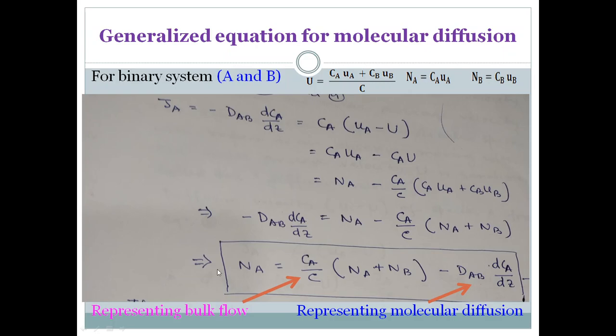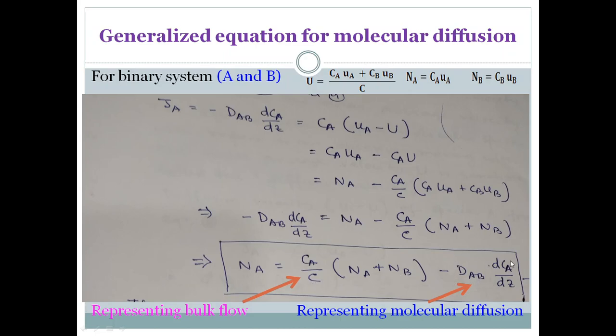That is, the total flux equal to C_A by C times (N_A plus N_B) minus D_AB into dC_A/dZ. Now what is this term? This is nothing but your J according to Fick's law. So in total flux there are two components.